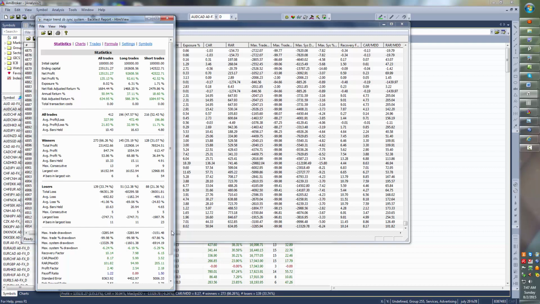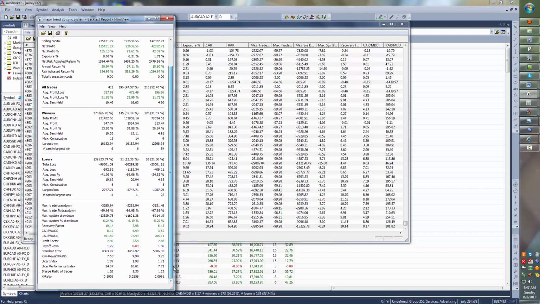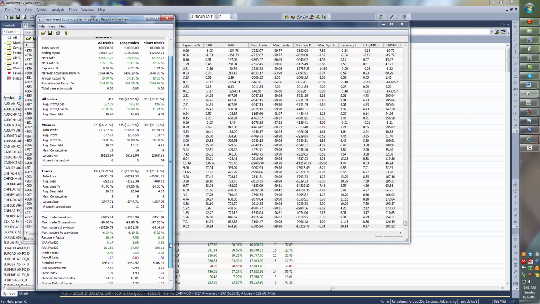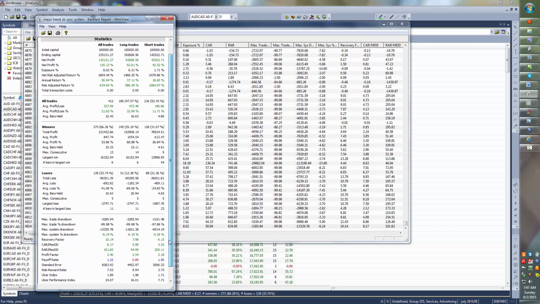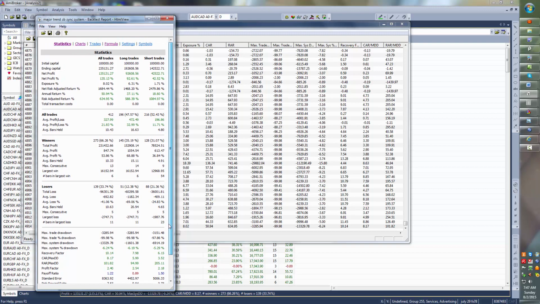So that's what this particular historical study resulted in. And all we're using here are some really standard Andrews entry techniques. That's probably the most important thing.